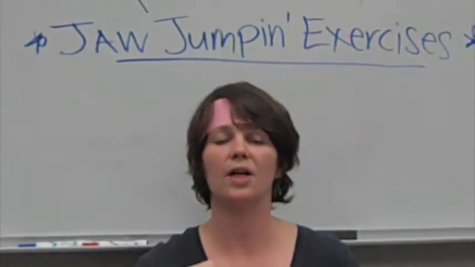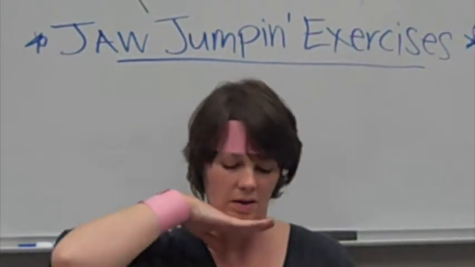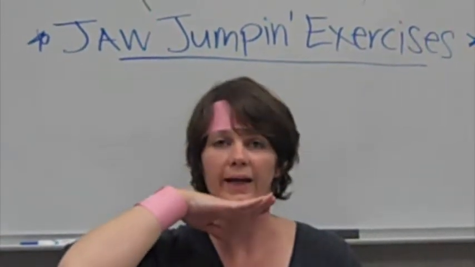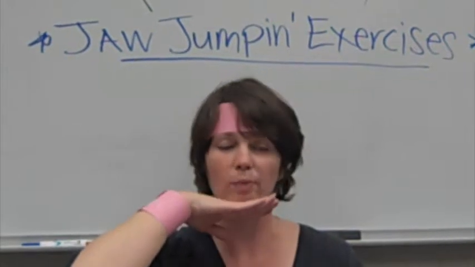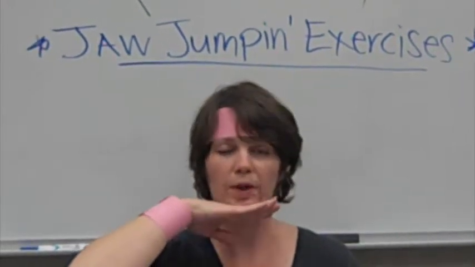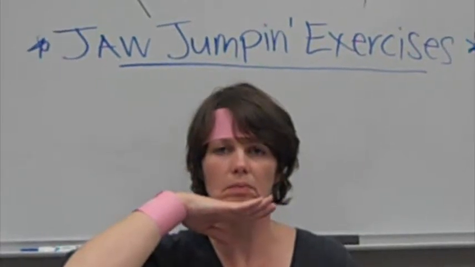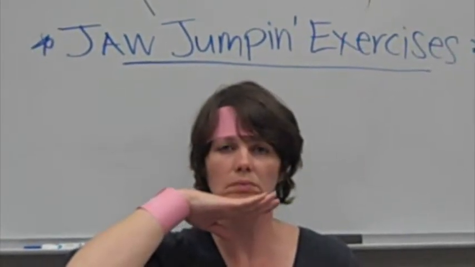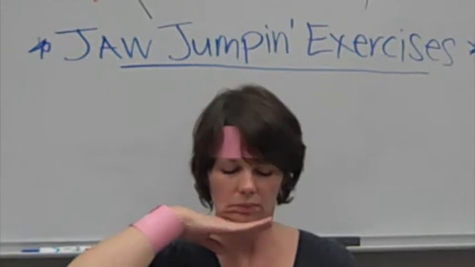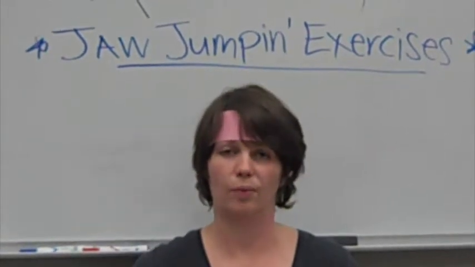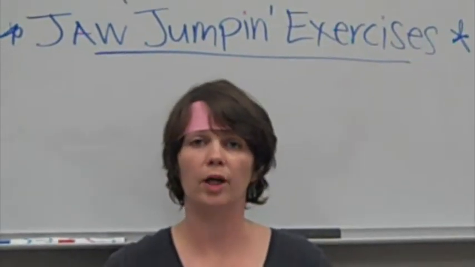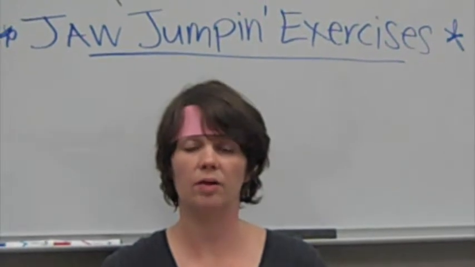Next, start with your mouth closed. Have someone place their hand under your chin, and without moving your head, try to open your mouth. Try this 3 to 5 times as well. These exercises will work both the platysma and the masseter muscles.